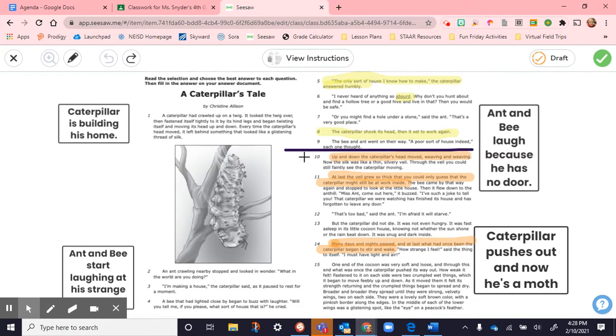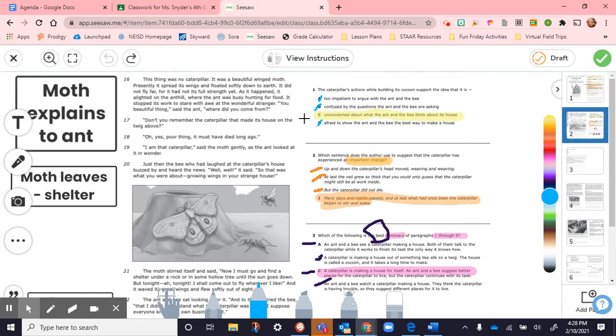There's no evidence of him getting mad that they're teasing him, or saying, don't you know this is what caterpillars do? He didn't do anything like that. He just stays chill and keeps doing what he's doing. So we felt confident that C was our answer. He was feeling unconcerned.